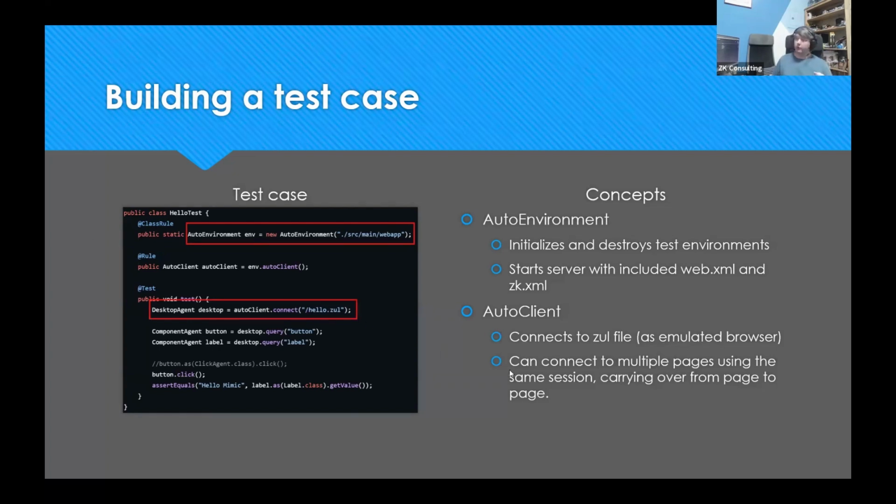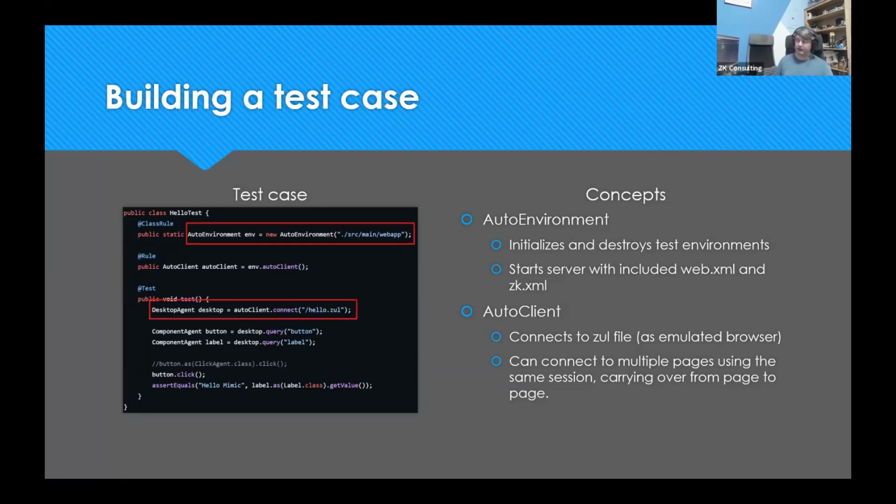Important to note, your auto client is going to have a session. If you open multiple desktops in the same auto environment, you will be able to simulate a case where the same user is going to access multiple pages, either from the same browser tab or from multiple tabs in the same browser environment, where all of those pages might interact with each other.